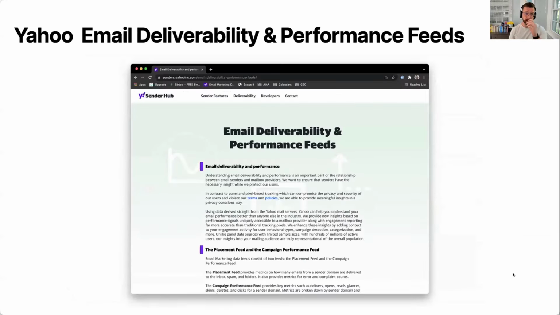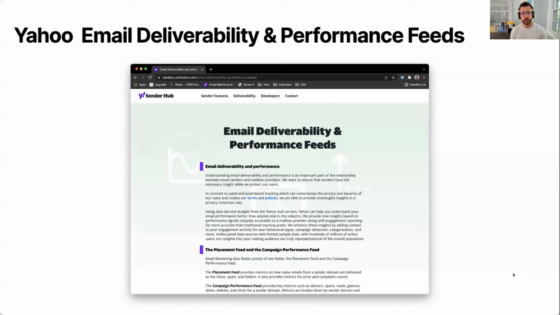The last one is from the team over at Yahoo. That is the email deliverability and performance feeds dashboards from Yahoo. Why do we care about Yahoo? Because it's not just Yahoo, it is Verizon, it is hundreds of other domains that are controlled within the Yahoo infrastructure. Again, they will give you free data on a bunch of specific information about deliverability. Things like, hey, what is your sender domain reputation?